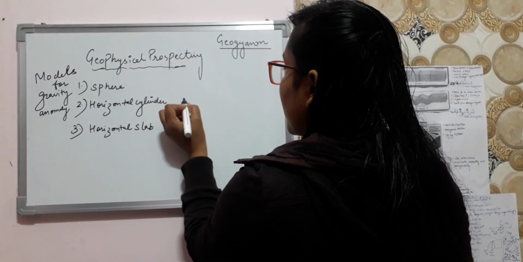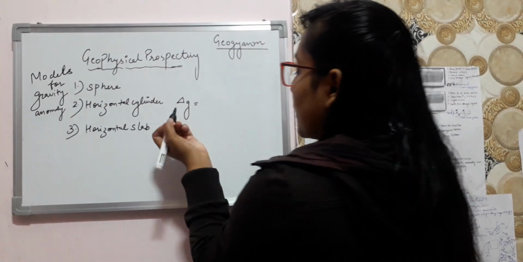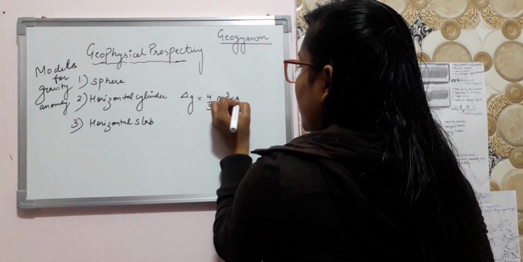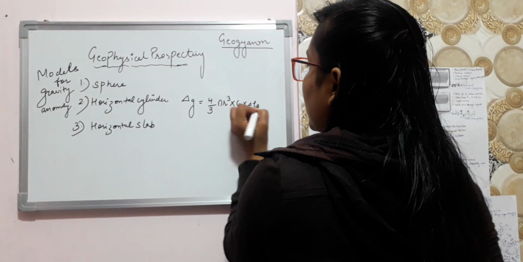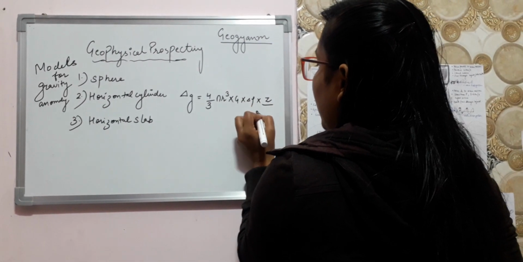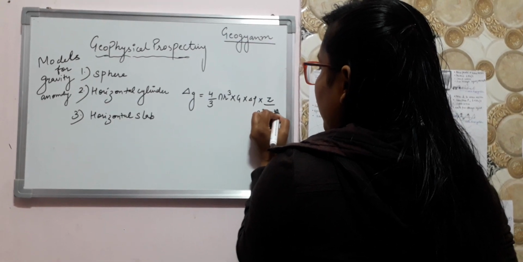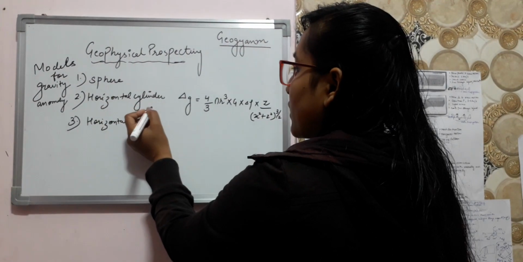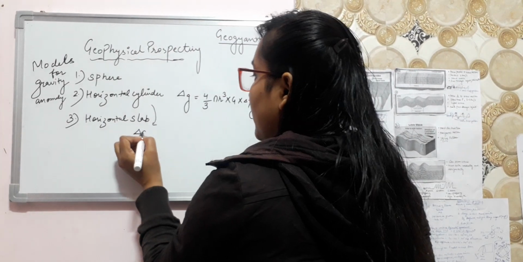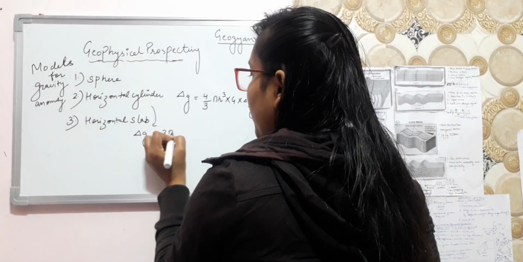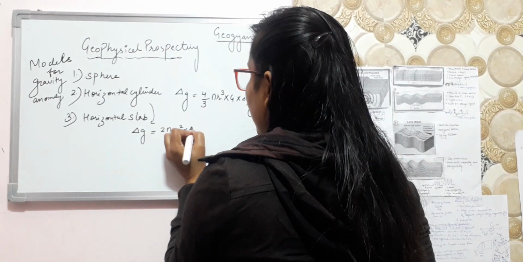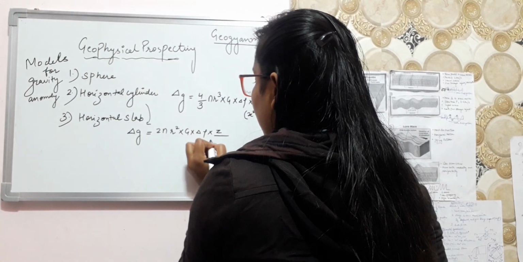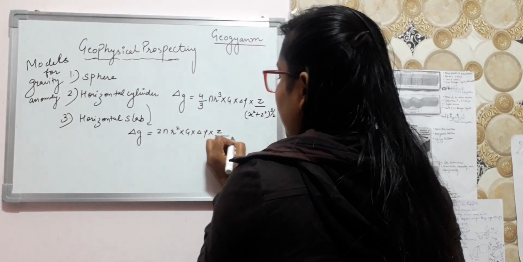For the sphere, the formula is delta G equals 4 by 3 pi r cube into G into delta rho into Z upon (x square plus Z square) to the power 3 by 2. Okay. For the horizontal cylinder, it is delta G equals 2 pi r square into G into delta rho into Z upon x square plus Z square.